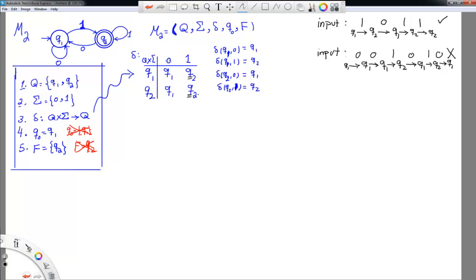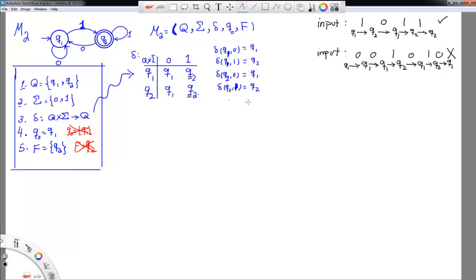In contrast, if the last symbol processed is not a 1, basically it's a 0, meaning that if you were in q sub 1 and you saw a 0, or if you were in q sub 2 and you saw a 0, you go back to a state that is not an accept state, which means that that string is not going to be accepted.